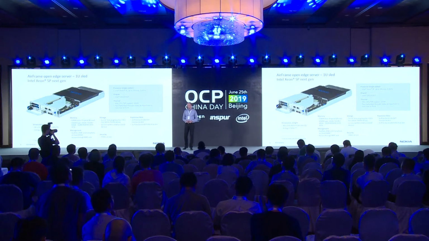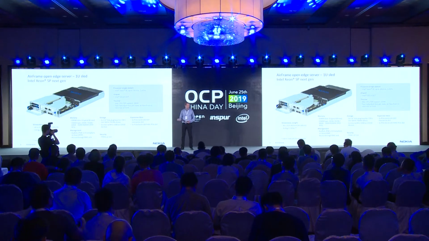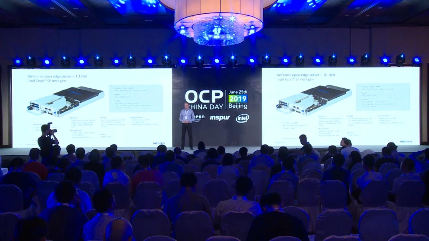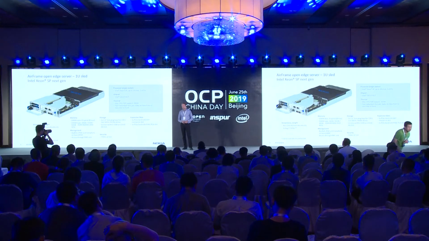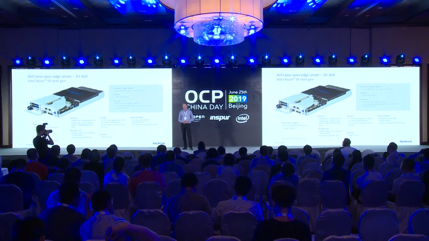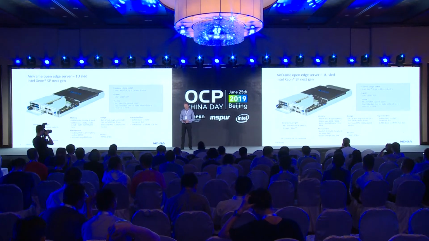This is version 2.0, so it's not hot pluggable, but that can be added in the future. Then there's one slot for a full height, half length PCI Express card. And in this 1U sled, the power budget for that card is 75 watts. So accelerators can be used there.